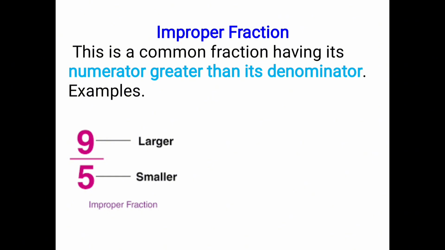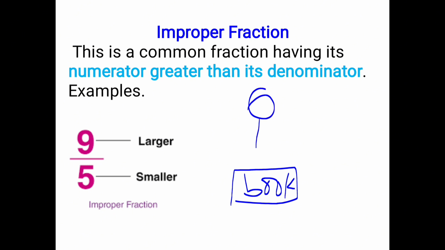So when we talk about improper fraction, if I have this scenario of your book on the floor and I'm having you sitting down on your book, can your book carry you? No, right? It's funny, right?